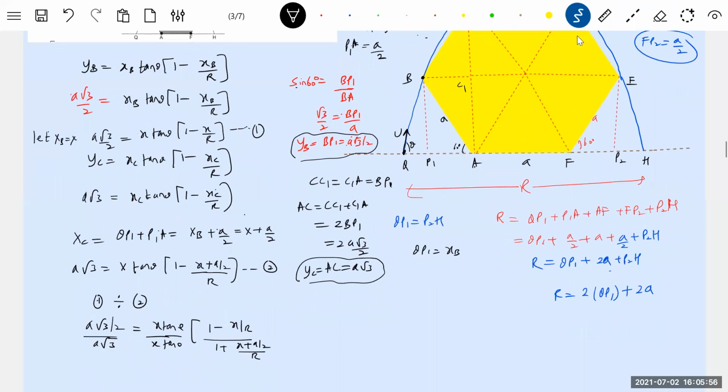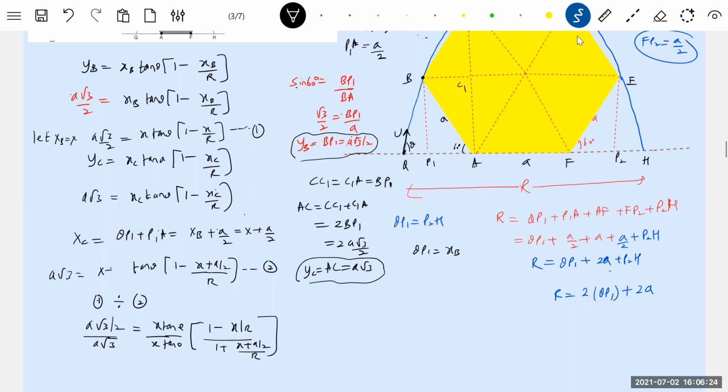Sir, there also in XC and theta it must be x plus a by 2. Yes. Yeah, fine. XC, what is XC? XC is x plus a by 2, no? Oh, this is only A root 3.